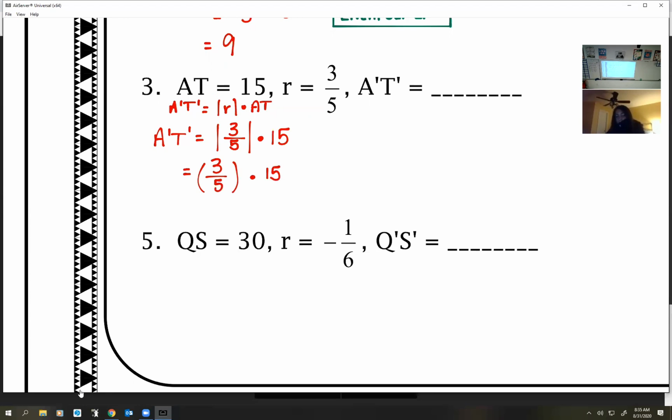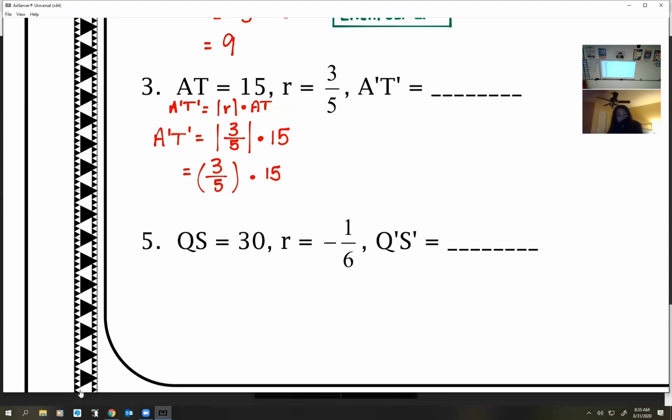Again, your calculator can be your best friend here. If you put it in your calculator just like that, parentheses 3 divided by 5, parentheses times 15, it's going to give you your answer, just because that way you're telling it it's a fraction. Or we could cross cancel.